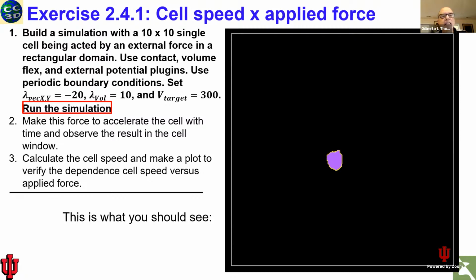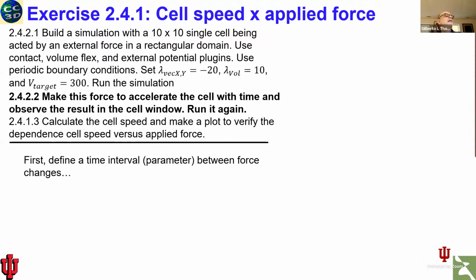Okay, let's advance to the next part of the exercise, which is how do I accelerate the cell? I mean, how do I change the applied force? This is kind of tricky. I will lead you more.